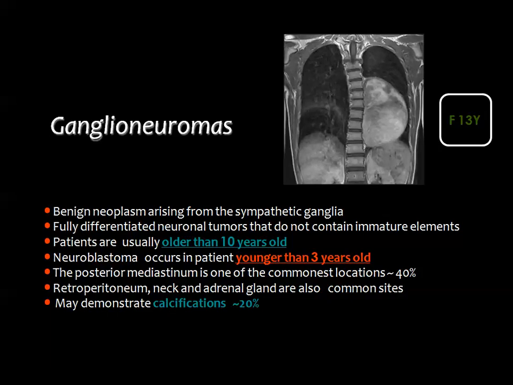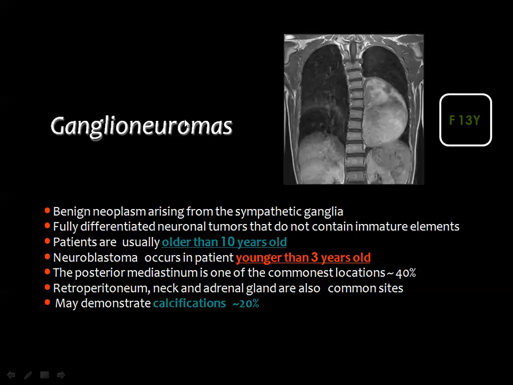Ganglioneuroma is the benign form of the tumor, which is seen in patients older than 10 years old. The neuroblastoma is seen in patients younger than 3 years old. Ganglioneuroblastoma is seen in between these two, between the age of 3 and 10 years old.